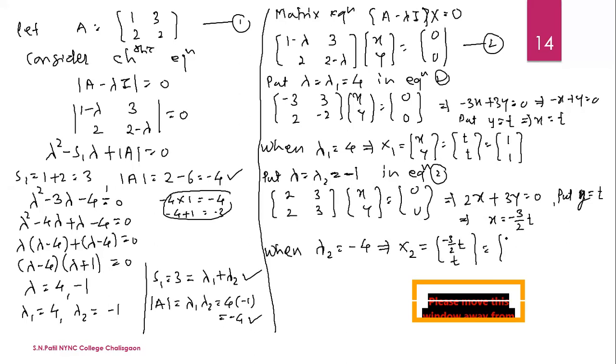Put t is 1: [minus 3 by 2, 1]. Okay, so these are the eigenvectors x1 and x2 corresponding to eigenvalues 4 and minus 1. Okay, thank you.